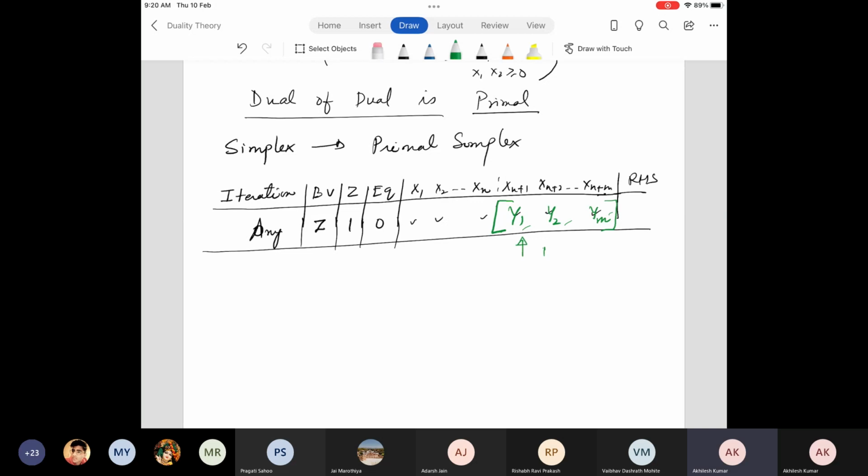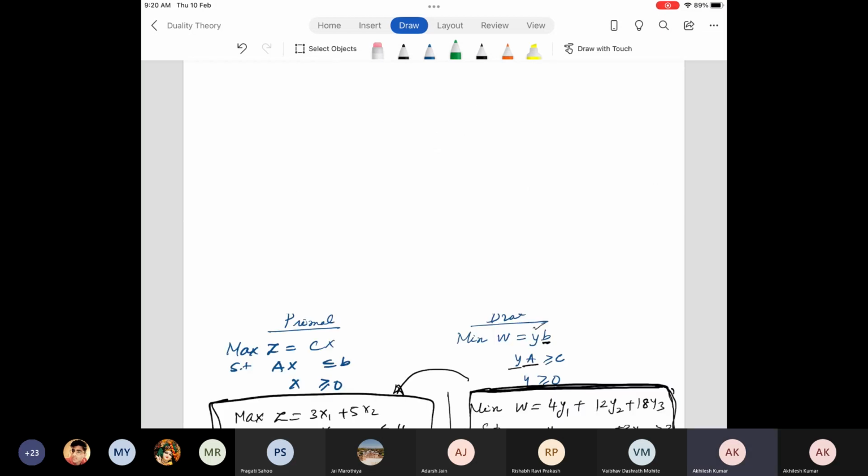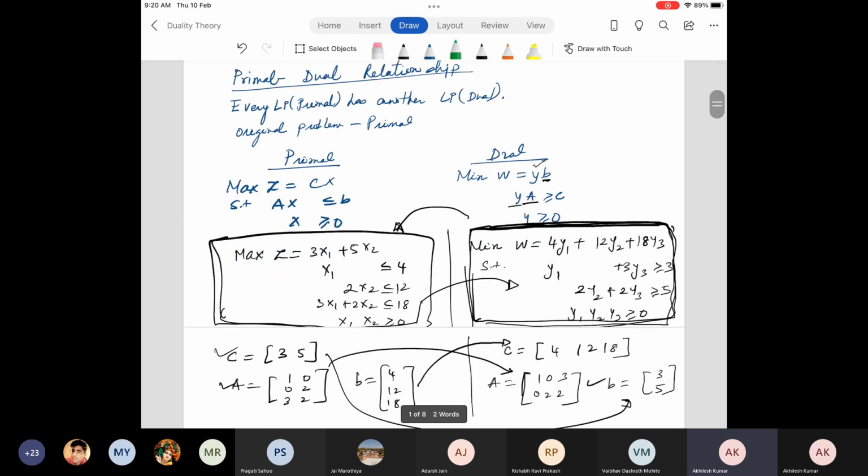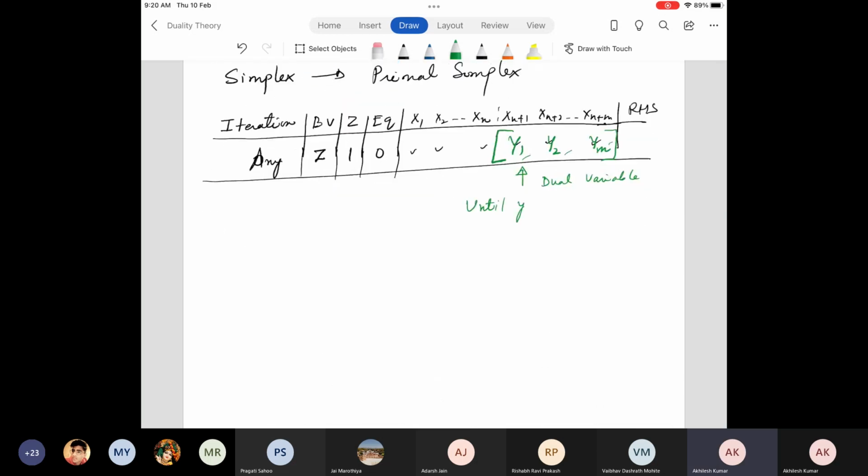But until you reach the final iteration, the values you get for y1, y2 and so on will be infeasible.